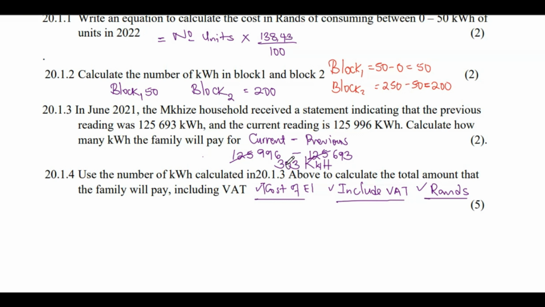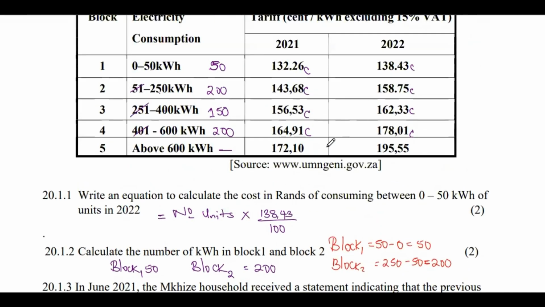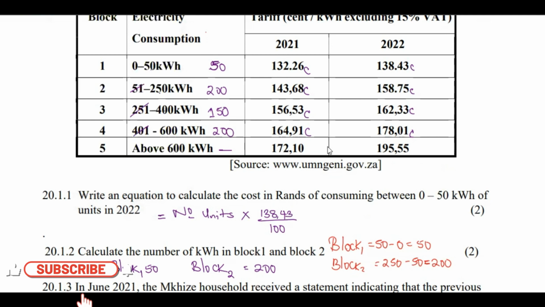If someone has used 303, when we go to our table above, where does it belong? Definitely, 303 has gone beyond block 1. It has gone beyond block 2. And it's in block number 3. So the person used 303. We take off the 50 for block 1.